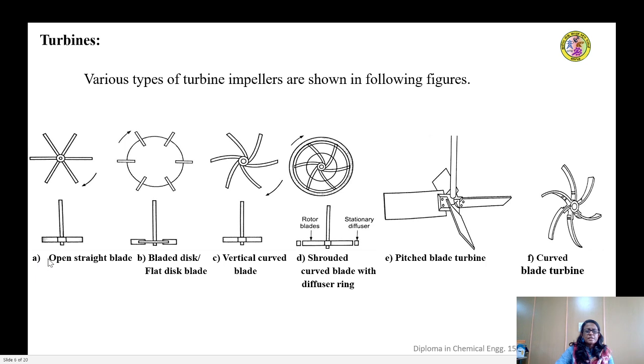In figure A the simplest design is shown, in which a central hub is connected to the vertical shaft, and a number of flat straight blades are fixed to the central hub in such a way that they project radially from the center, like this. Okay.